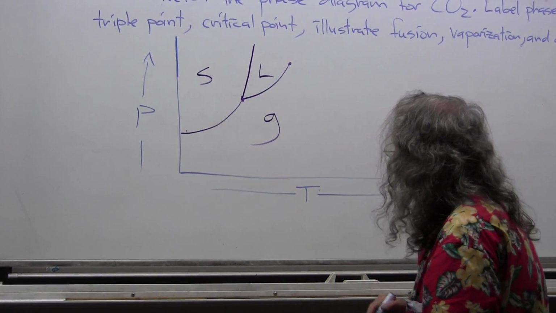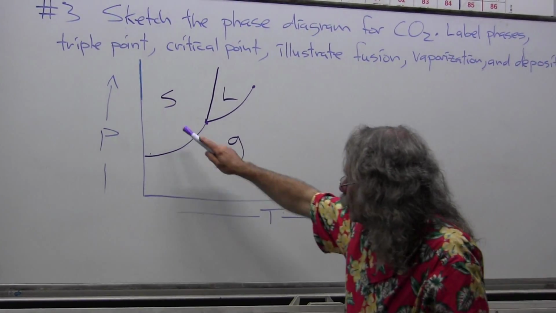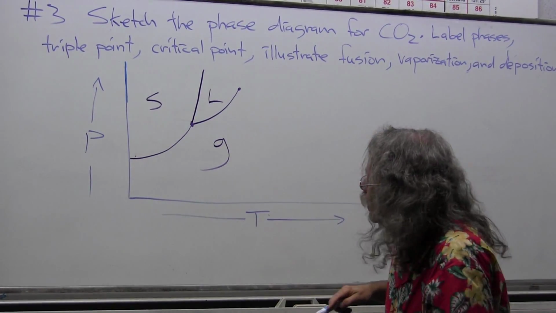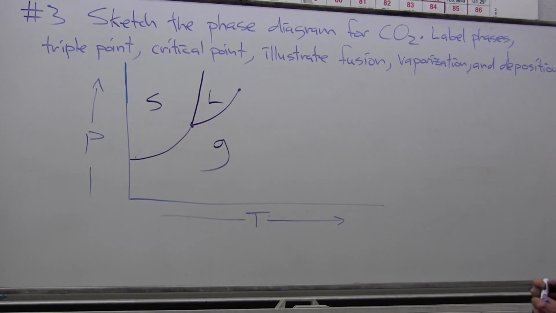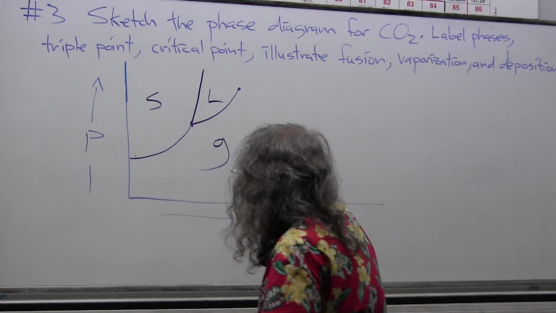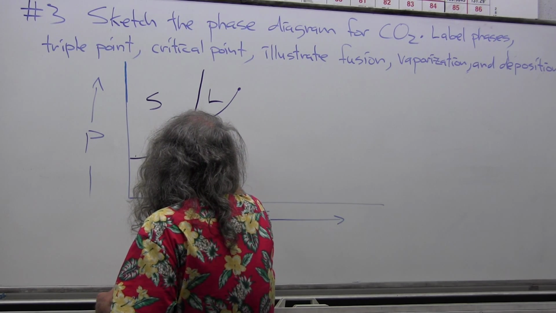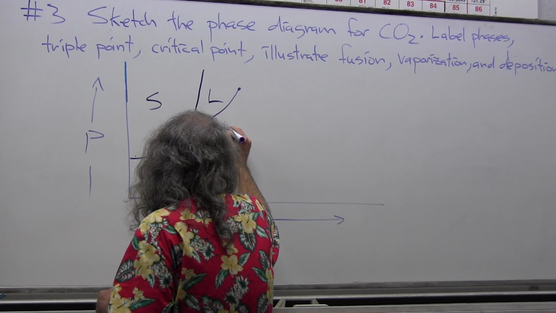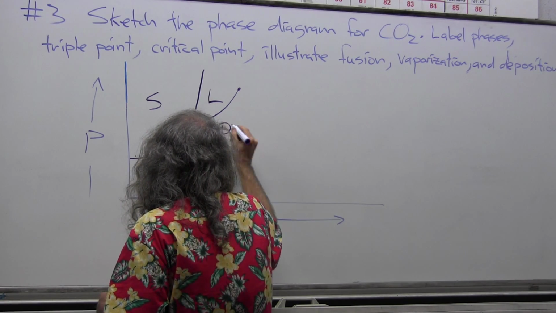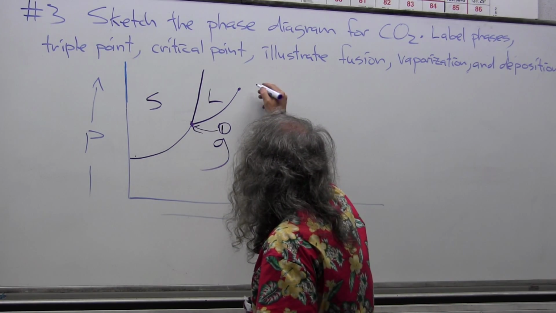And now I want to label the phases, so I can do that with S for solid, L for liquid, and G for gas. And now I want to label the triple point, and I'll have a 1, put a little arrow, and 2 for the critical point.